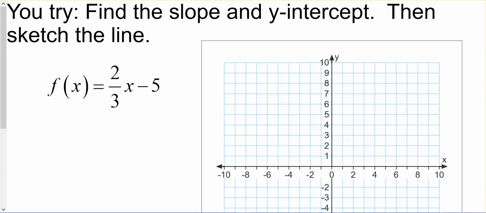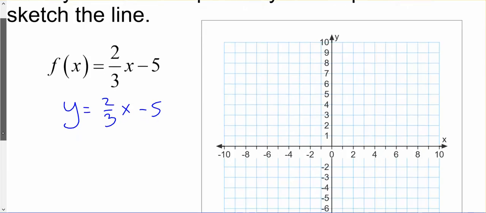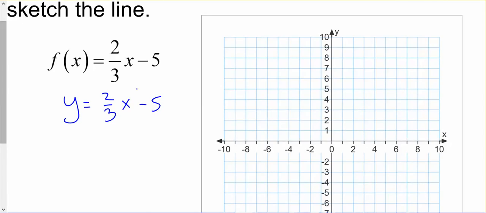So you guys try this. Now this is written in function form. F of x is the exact same as y equals 2 thirds x minus 5. So what's the first thing we're going to do? We're going to do our y-intercept first. Our y-intercept is negative 5, so we put a point at negative 5.